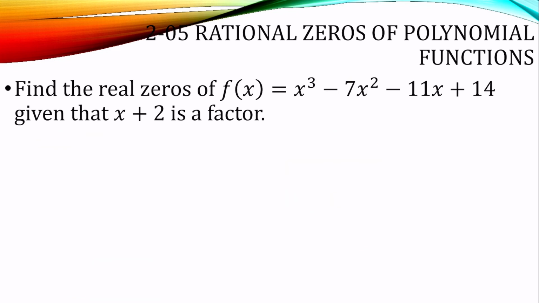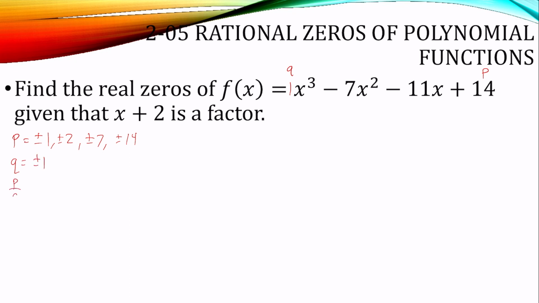Let's try another one. All right, let's go ahead and do the p's and the q's. So p's would be factors of the constant term, or the 14. So that's 1 times 14, or 2 times 7. I think that's all. Q's are factors of the leading coefficient, so that's just 1.